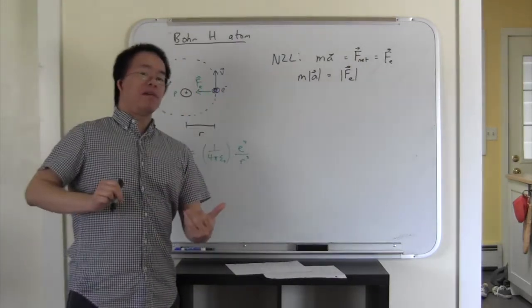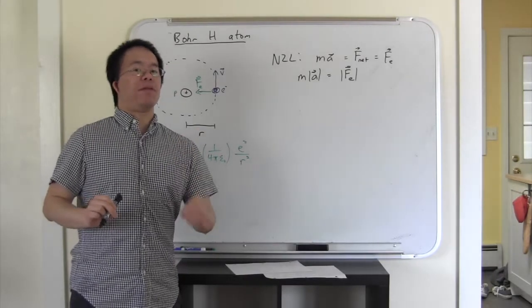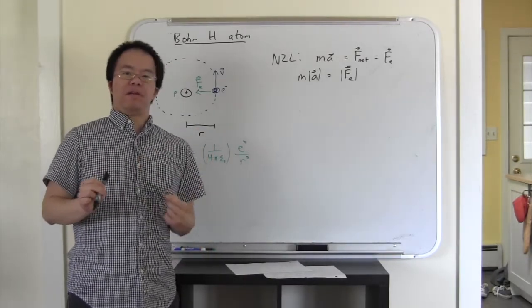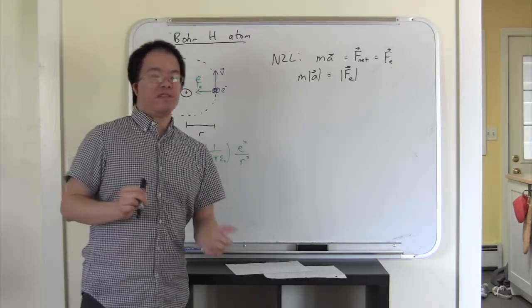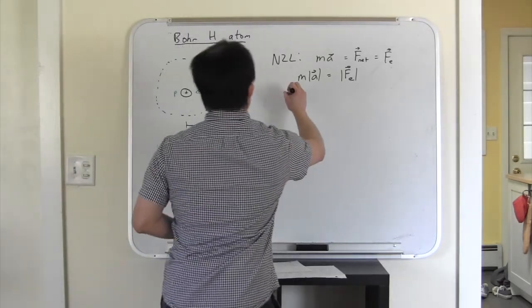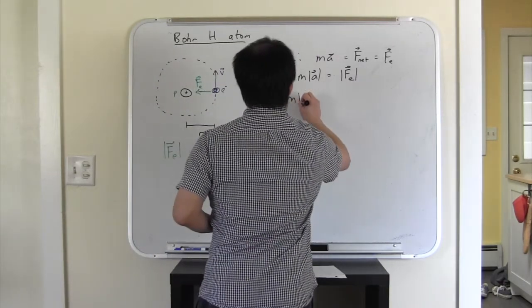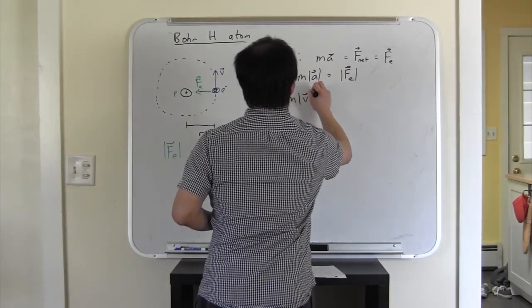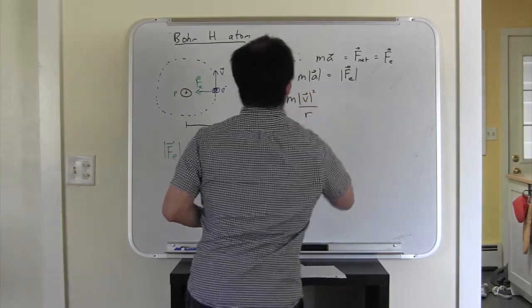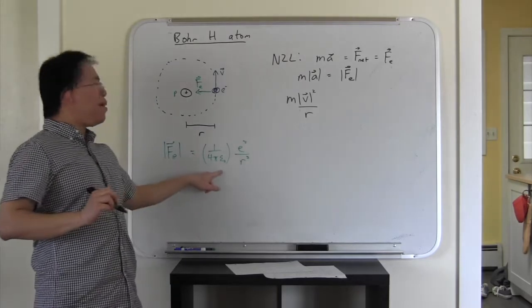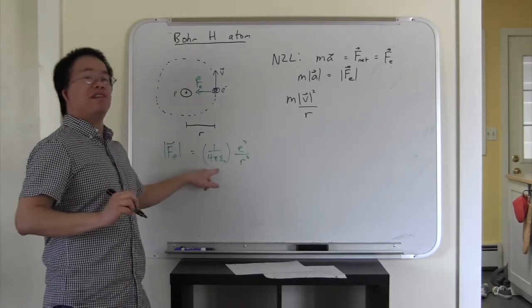Now, if you think back to 117, we talked about the magnitude of the acceleration for an object undergoing uniform circular motion, and we learned that it has a magnitude v squared over r.